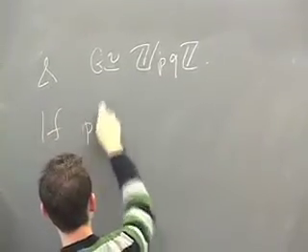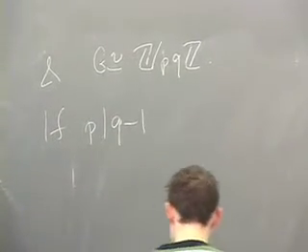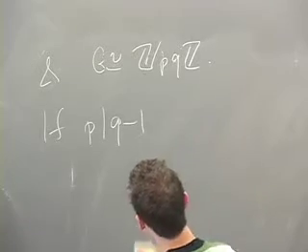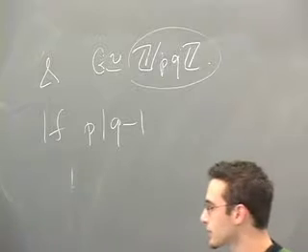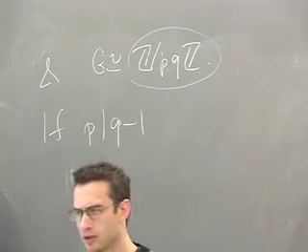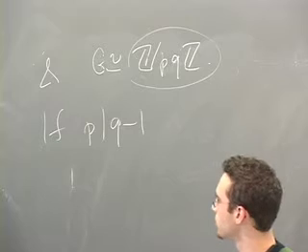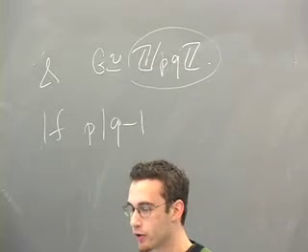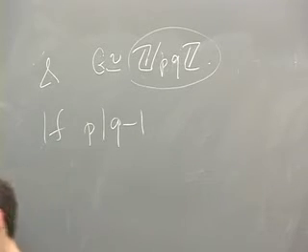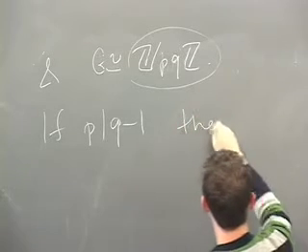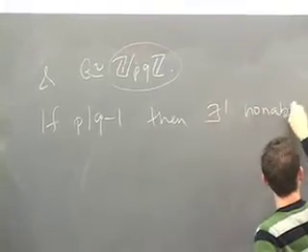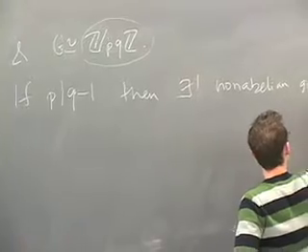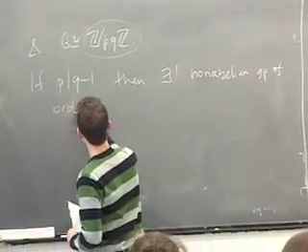If p divides q minus 1, then it could still be the case that it's Z mod pqZ. But it turns out that you can show, and I'm not sure that you did this, that there's a simple construction of a group which is not abelian of order pq. Then there exists a unique non-abelian group of order pq.